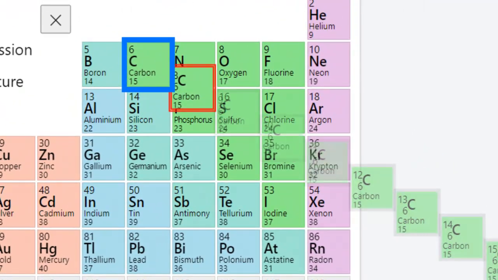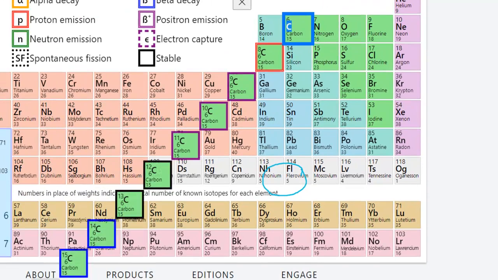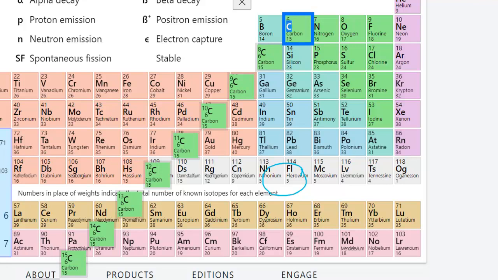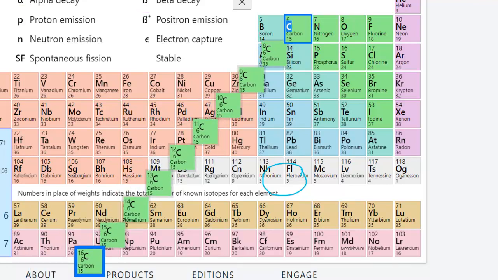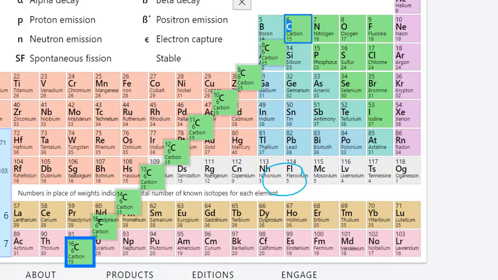There is carbon 9, carbon 10, 11, 12, 13, and 14, 15, 16. All of these are different isotopes of carbon. All of these are isotopes of carbon. The differences between them is the number of neutrons.